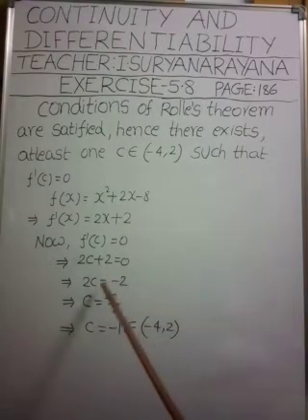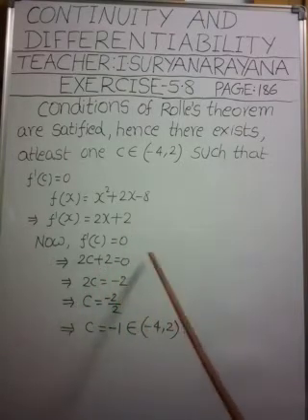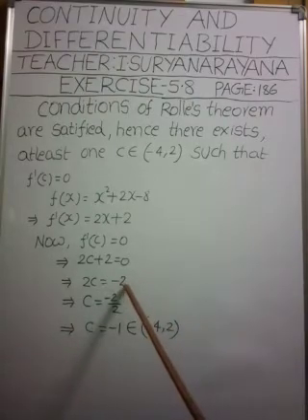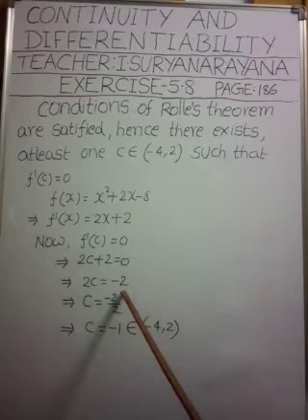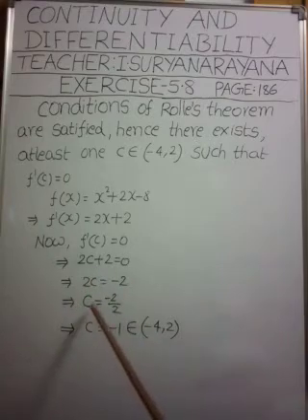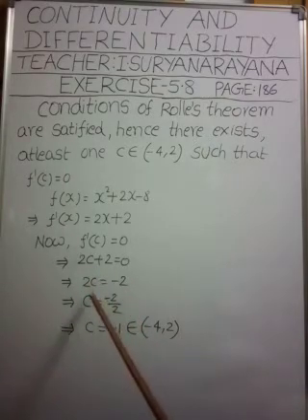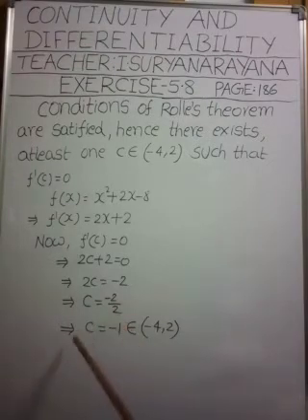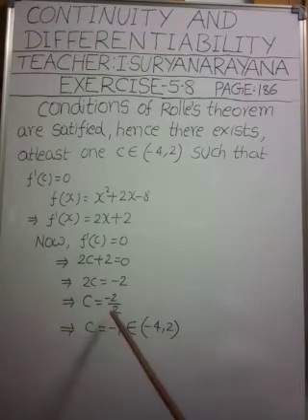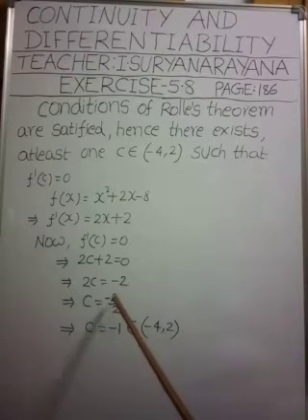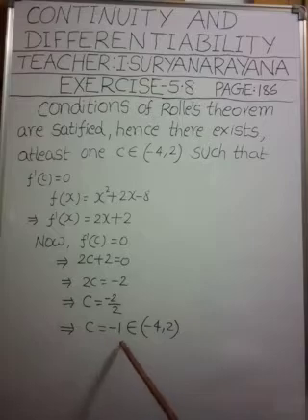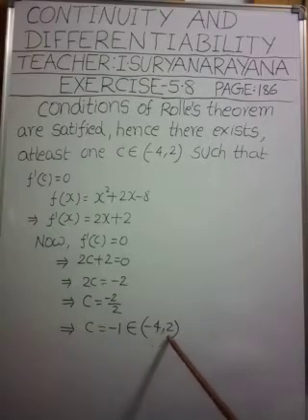This implies 2c is equal to, if you are sending plus 2 to the RHS, it becomes minus 2. Understood this step, my children? This implies c is equal to minus 2 by 2. Understood this step? This implies c is equal to, the 2 gets cancelled. What will be left here? Minus 1. This minus 1 belongs to the open interval (-4, 2).